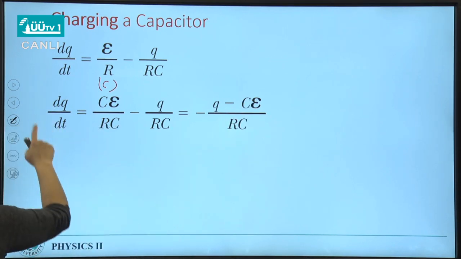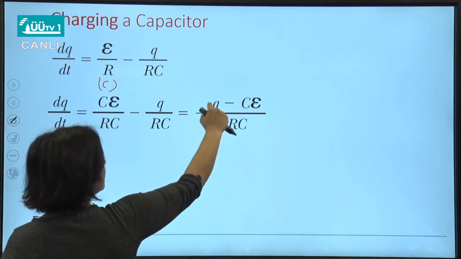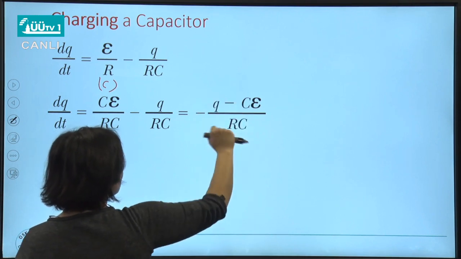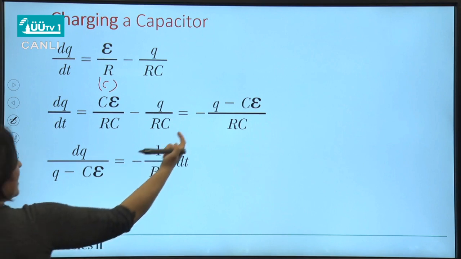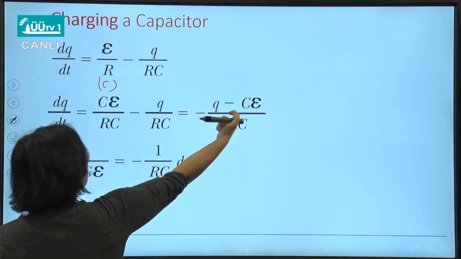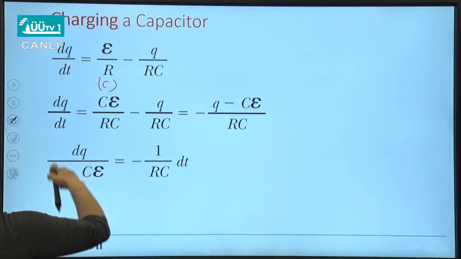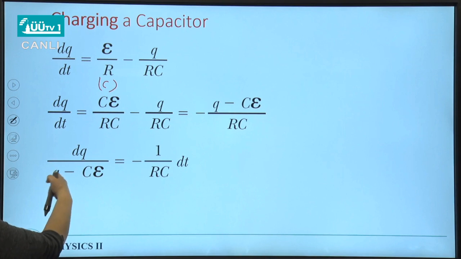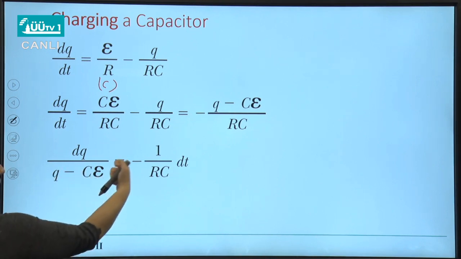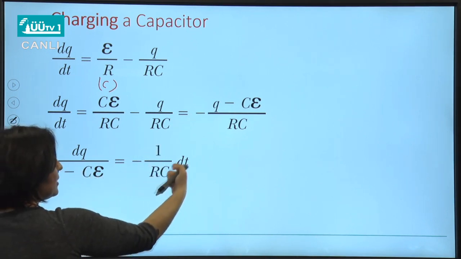Now we have dq over dt equals minus (Q minus C epsilon) over RC. If we move Q minus C epsilon to one side and dt to the other side, we obtain another version of this formula, dq over (Q minus C epsilon) equals minus 1 over RC dt.